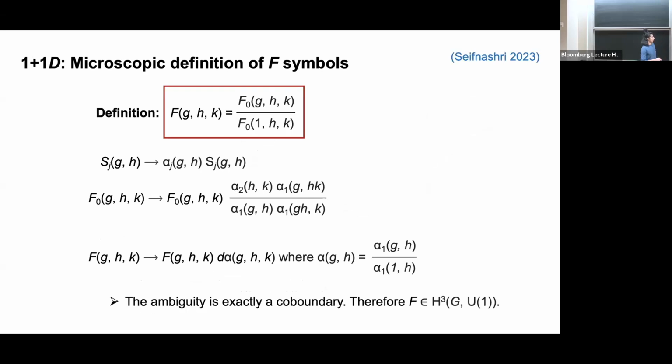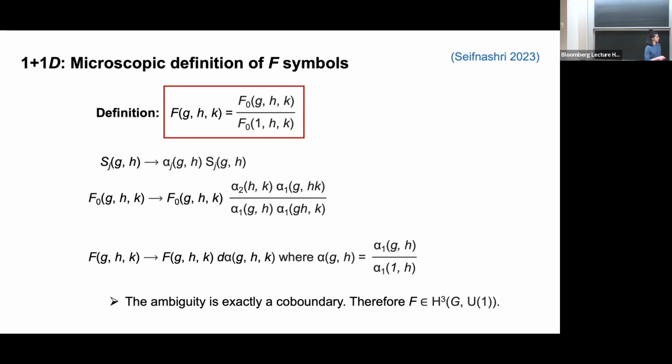The idea is to define the true F symbol as a ratio of these bare F naught symbols. In particular, the ratio has as the numerator the F naught of GHK, but in the denominator we have F naught of 1HK.